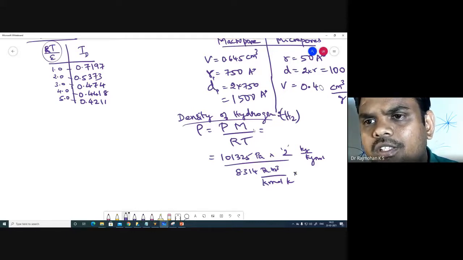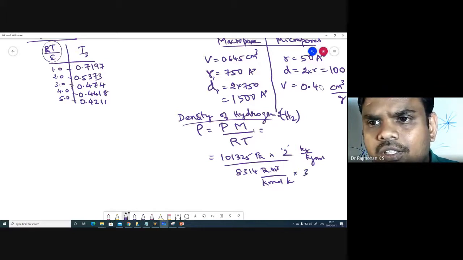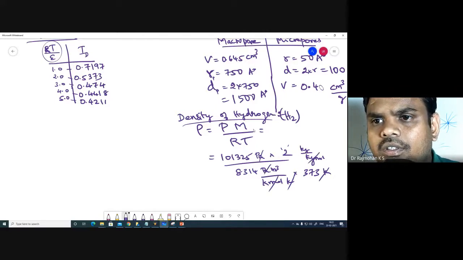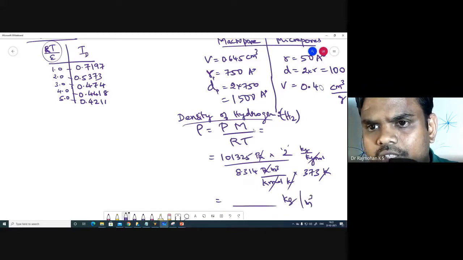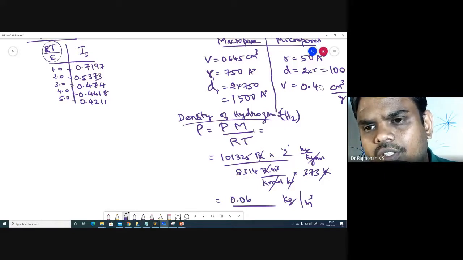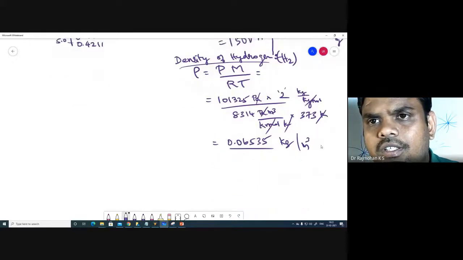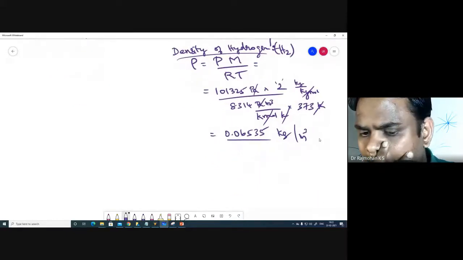Then temperature is 100 degrees Celsius, that is 373 Kelvin. Show the units tally, so you get density in kg per meter cube. We get a density value of 0.06535. So that is the density of hydrogen.